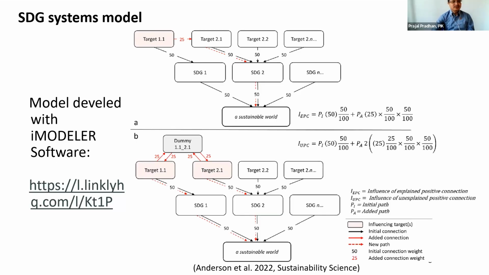For example, here SDG target 1.1 could have a positive influence on target 2.1. Due to this positive influence, target 1.1 could have more of a role in achieving a sustainable world when we look at the system as a whole. So this is one example of an SDG system model looking at the system as a whole.